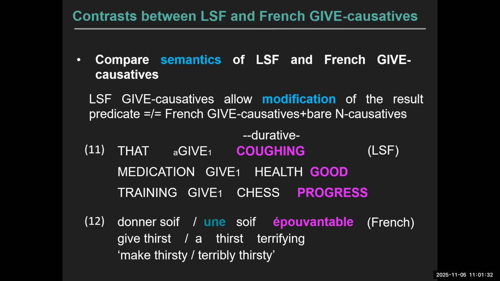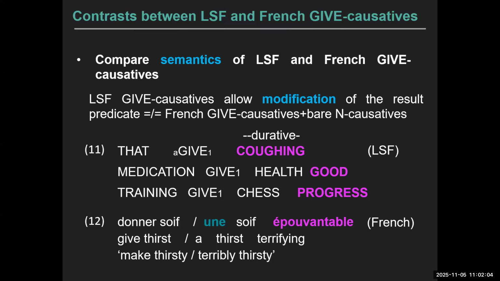So we can also talk about how donner, the give causative in LSF, can mark a change in degree that does not happen in spoken French. So we can say in LSF, that give coughing. That gives me coughing, which means that causes me to cough. Or medication give health good. So the degree of health has improved.